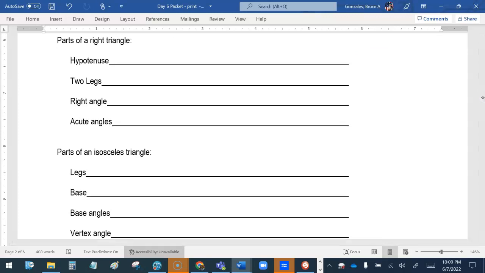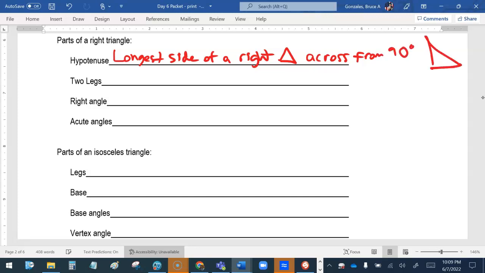Okay, hypotenuse, we've done this word before, is the longest side of a right triangle across from 90 degrees. It's also known as C.